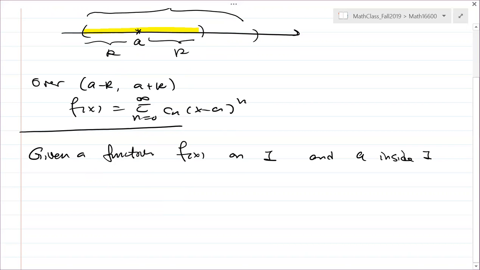Now, the theorem Taylor proved is the following.